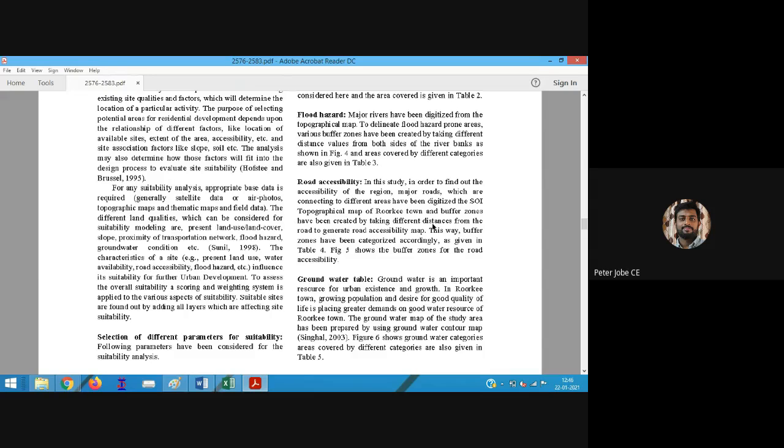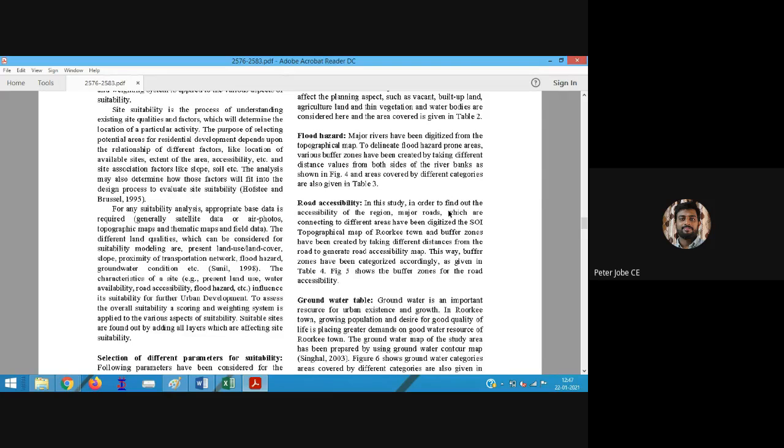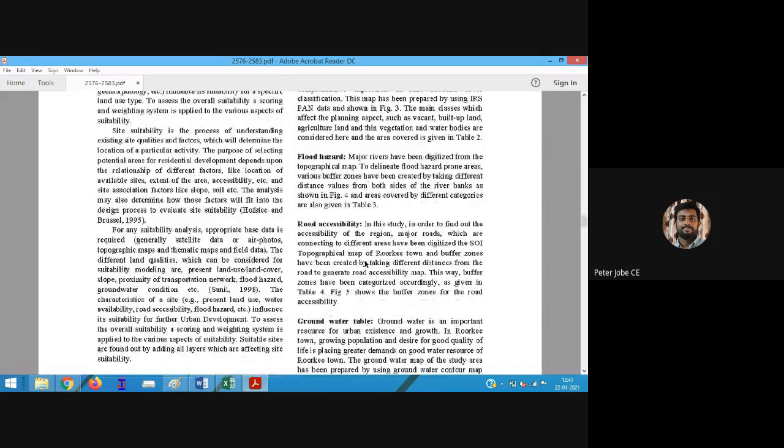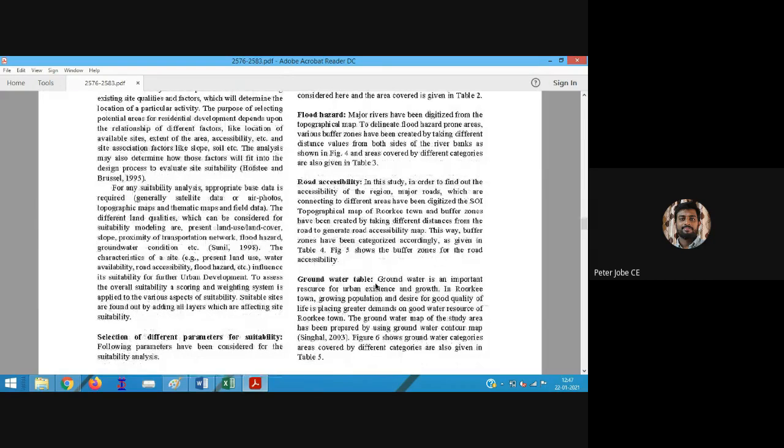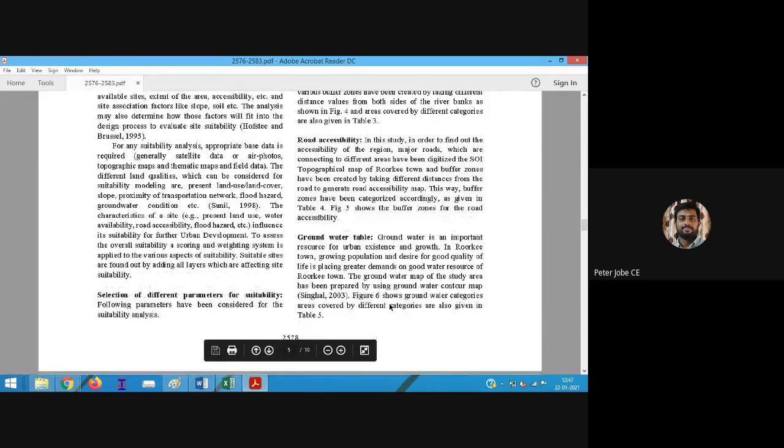So similarly, those factors affecting that, like existing land use, flood hazard, road accessibility, groundwater, etc. So different weightages will be given to all these different places that are being considered for urban development. So some buffer zones will be created, and hence weightage will be given for them.